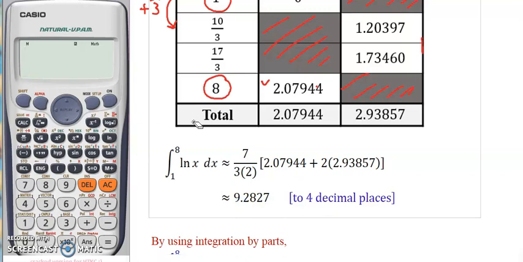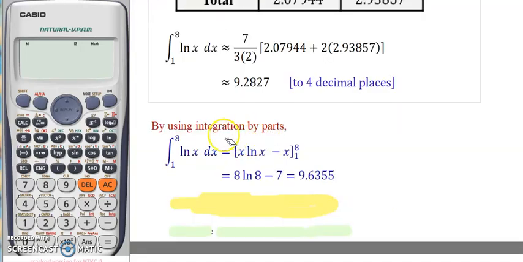Next, there is extra information that I would like to discuss, which is what we call the error. As we know, the trapezoidal rule is an approximation to solve integrations. This approximation is not the exact value, so it may have some difference from the actual value, and the difference is what we call the error. Let's see the idea of error here.